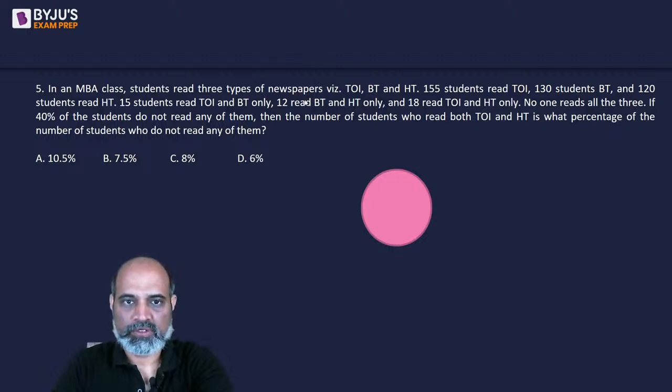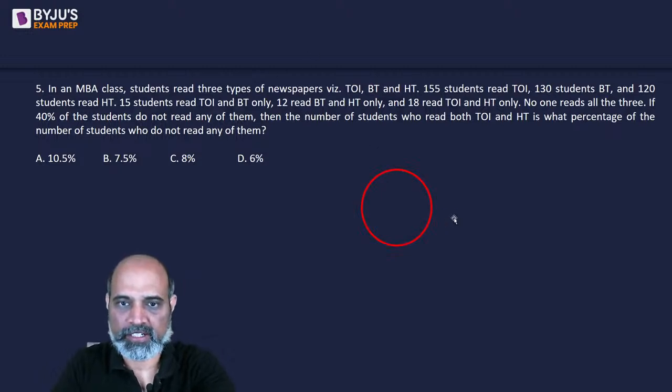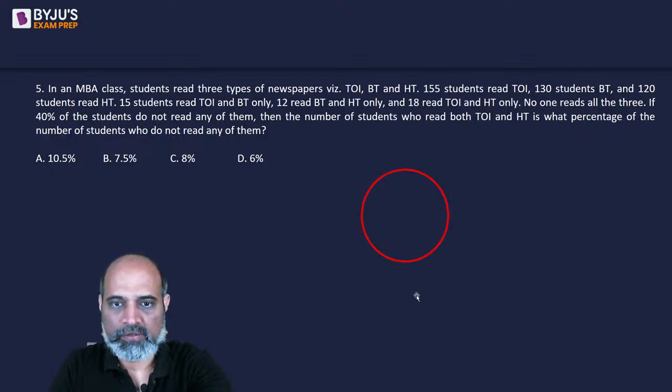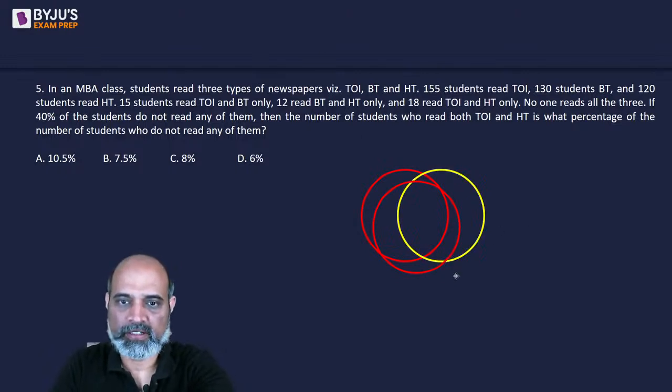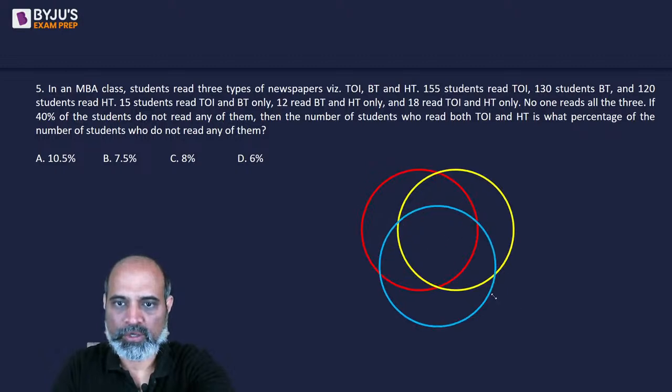Let's use the outline to be red so that it's clearly visible. Then the next one, let's color it differently, let's say yellow. And then the third one, let's color this as blue, right? Let me make it a bit bigger so that it's easy to put in the values.